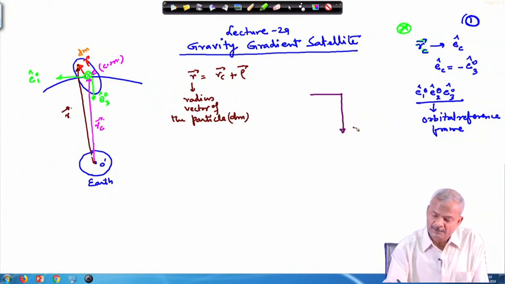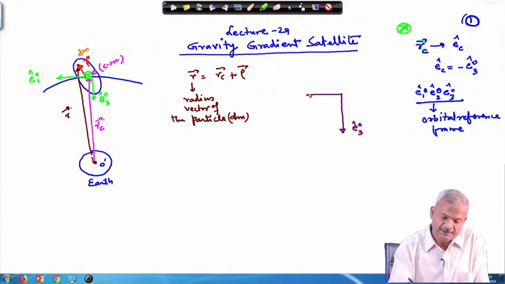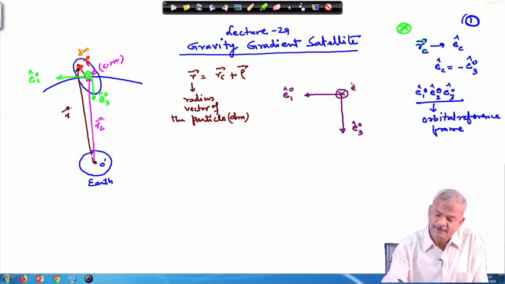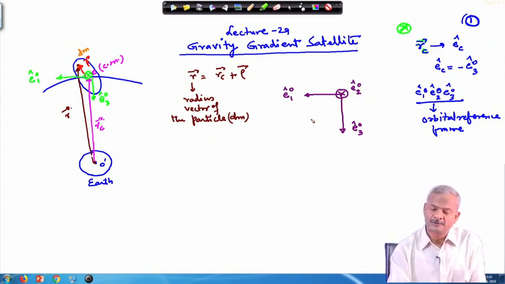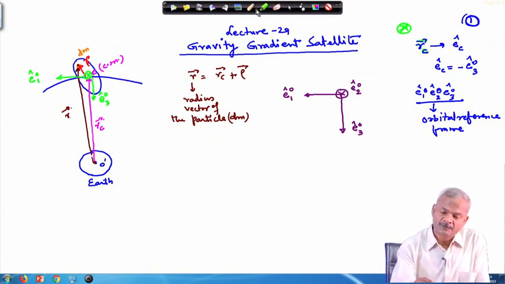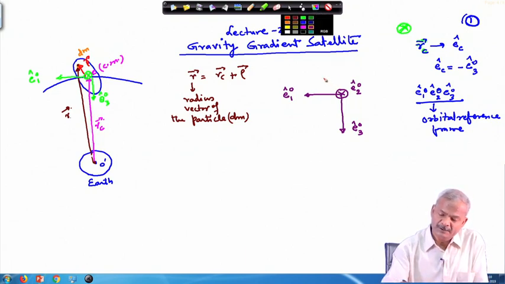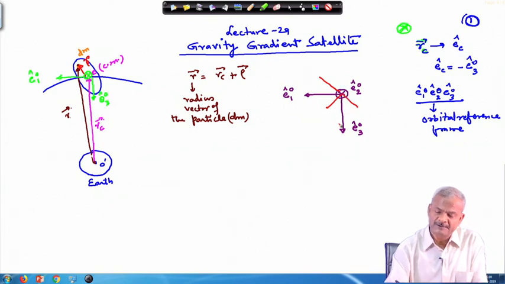This is your E O 3 cap, in this direction you have O 1, and going into the page. So, this is your orbital reference frame. With respect to this, your body reference frame may be oriented arbitrarily, but again it will form a right handed triad.